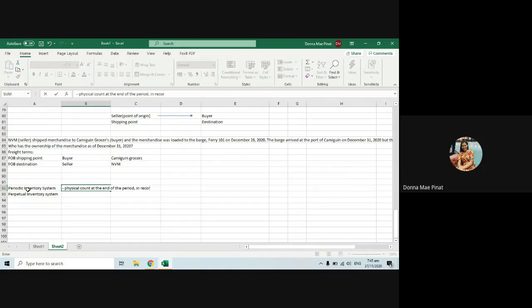In recognizing inventory, and dayon ang perpetual inventory.